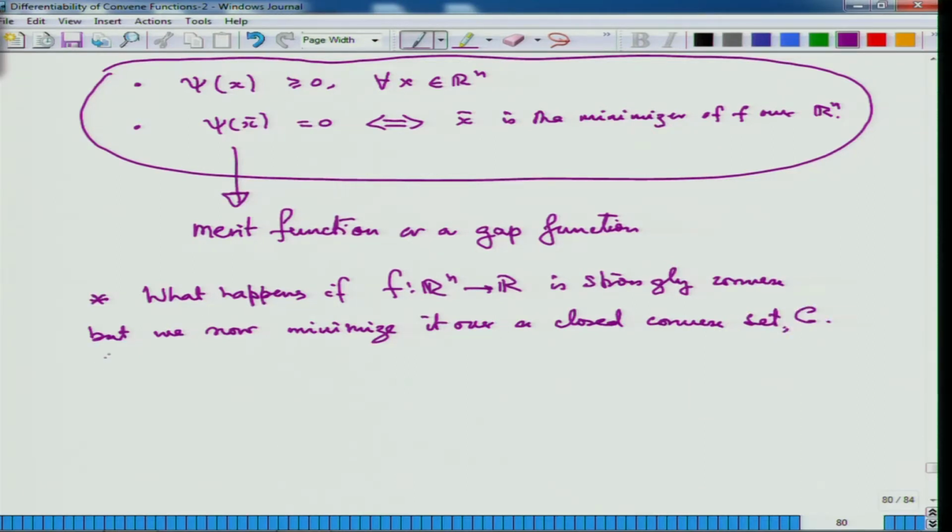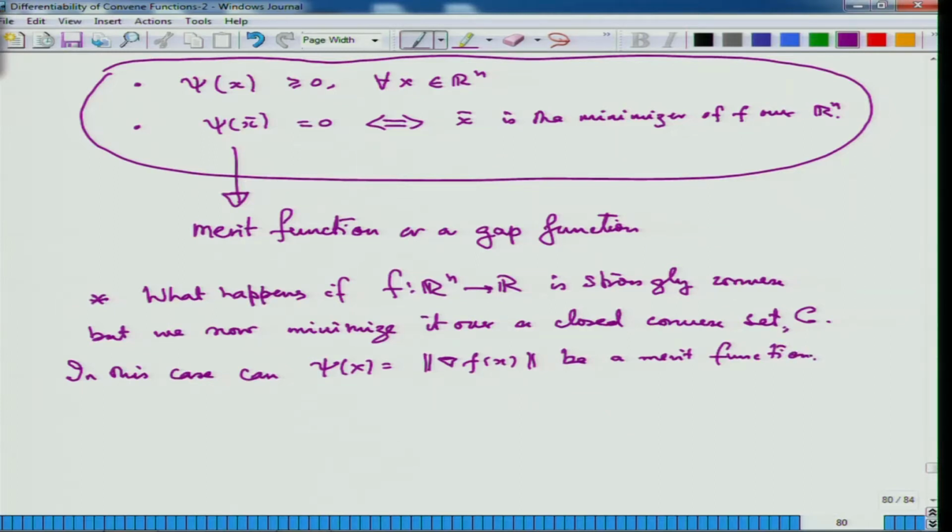Note that now in this case, can phi, in the sense phi x equal to norm grad f x, be a merit function? The answer is no, there is a difficulty.